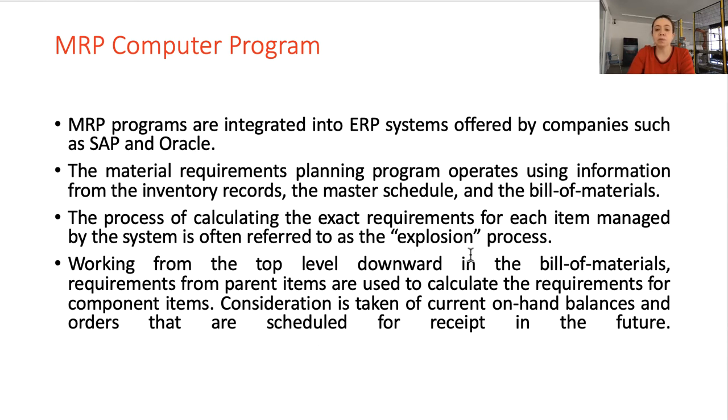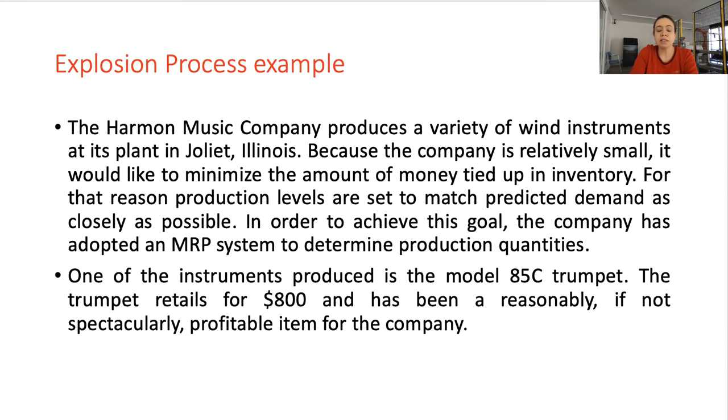Working from the top level downwards in the bill of materials, requirements from parent items are used to calculate the requirements for component items. Consideration is taken of current on-hand balances and orders that are scheduled for receipt in the future. Now I will give you an example for this explosion process.